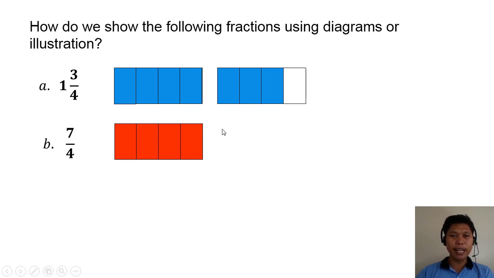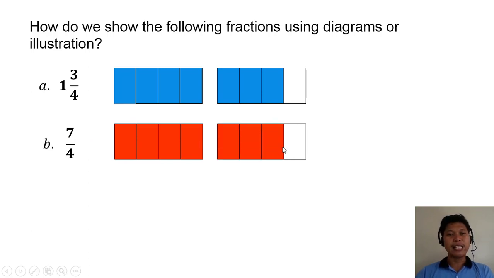So ibig sabihin, kailangan nating gumuhit ng isa pang 1 whole and then we're going to shade 3 more para maging 7. Kasi 1, 2, 3, 4 and then pang 5, 6, and 7. And this is now our illustration of the 7/4. Ganyan gumuhit ng improper fraction.